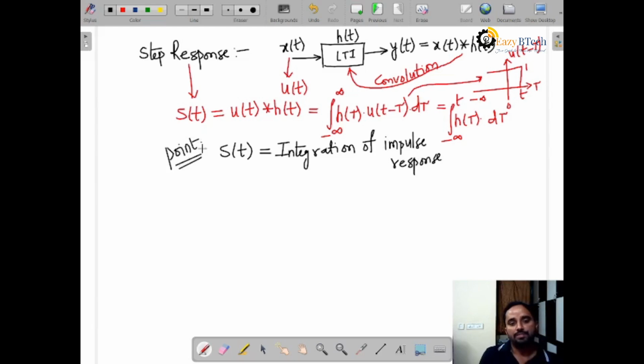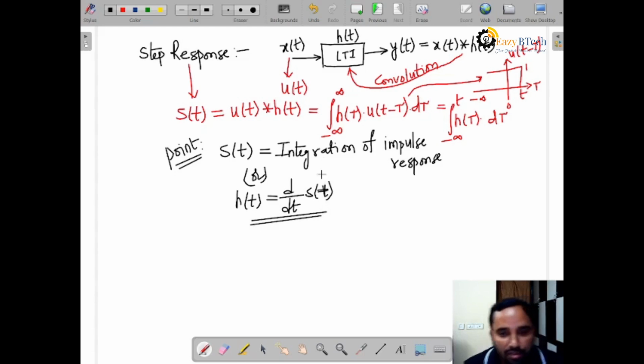Step response is equal to integration of impulse response, or we can say impulse response is equal to d by dt, the differentiation of step response. Both have the same meaning. So impulse response h of t is equal to d by dt of step response. Very important point. Clear or not? Impulse response and step response relation.